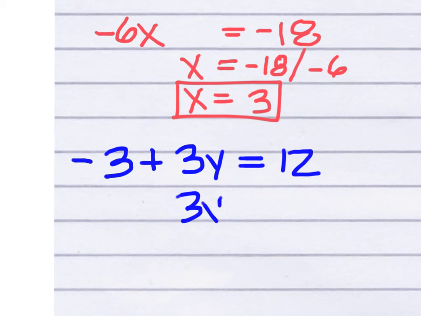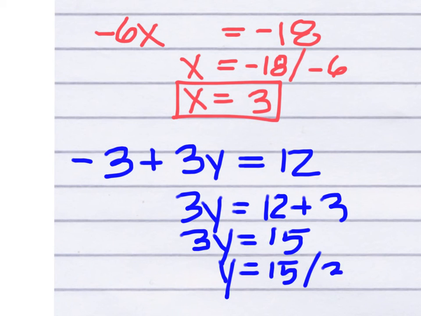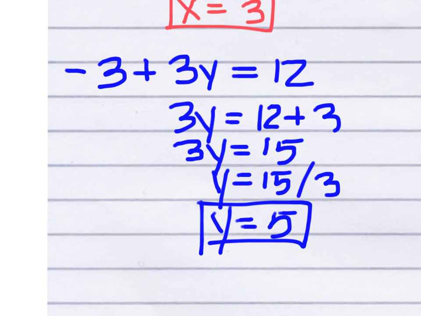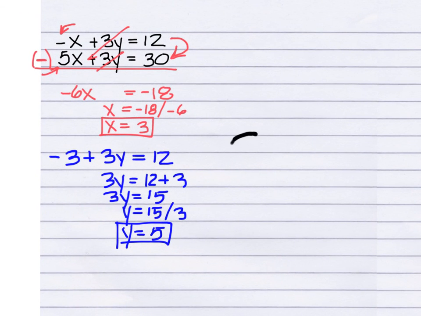So 3y equals 12 plus 3, which is going to be 15 on the right side. 15 divided by 3 will be 5. So your answer for the whole problem is going to be 3, 5.